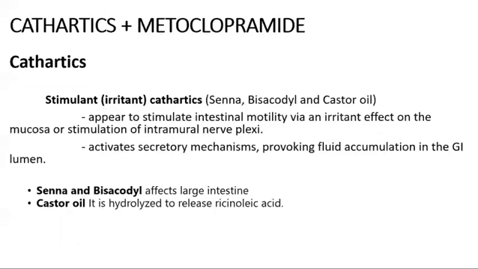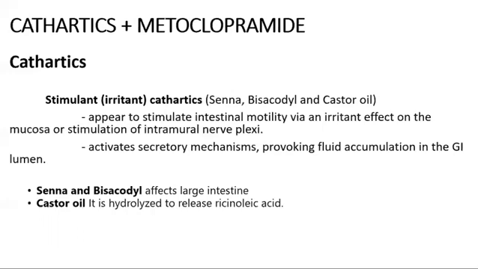It also activates secretory mechanism, meaning cathartics will induce the secretion of fluids in the GI lumen. So meaning naglalabas siya ng or nagpo-promote siya ng pag-increase ng fluid sa lumen ng intestine natin.